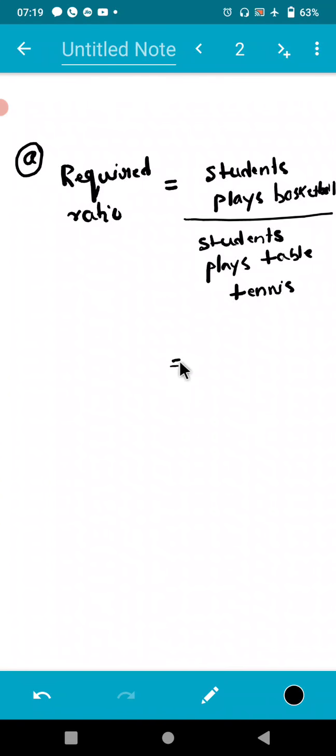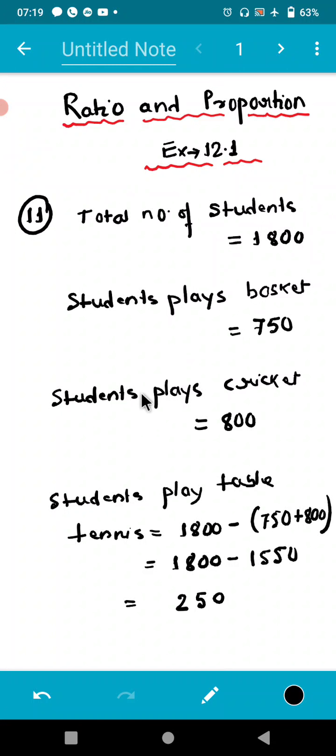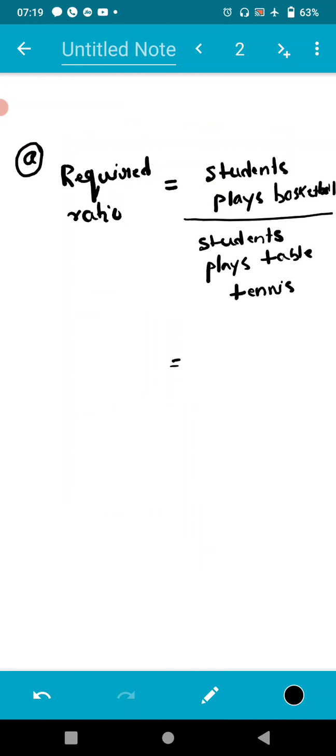Now how many students play basketball? That is equal to 750, so we'll write 750 here. And how many students play table tennis? It is 250, isn't it? So 250. Now let us reduce it.